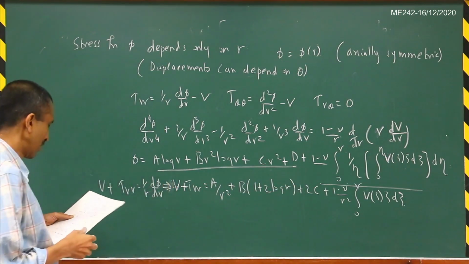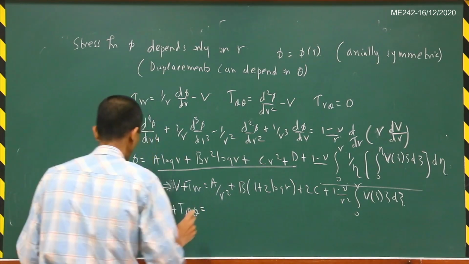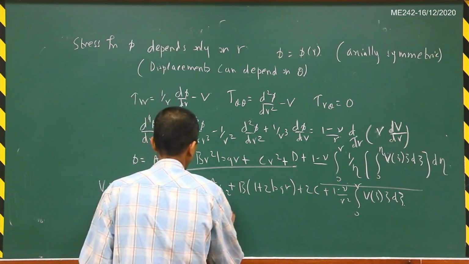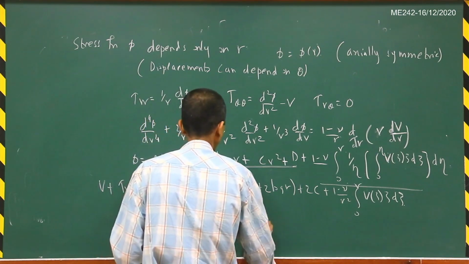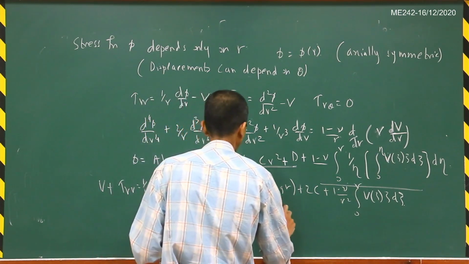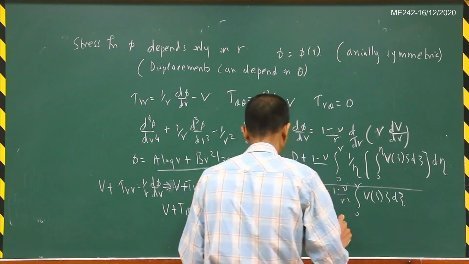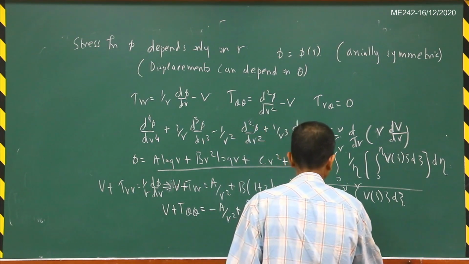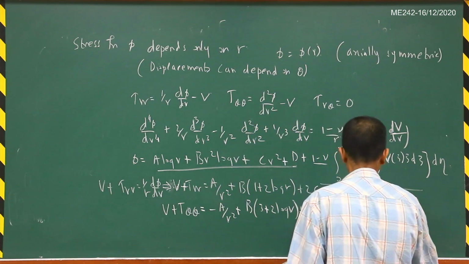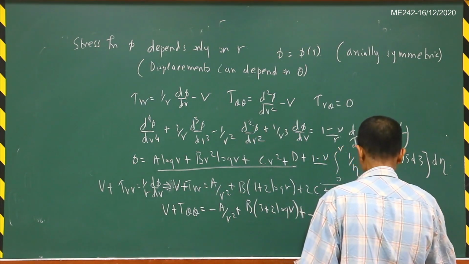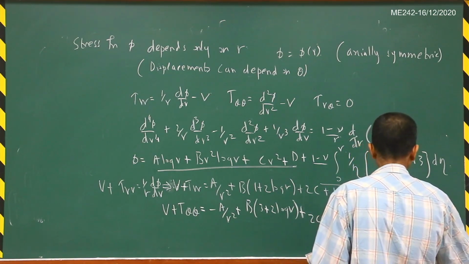Similarly, we get v plus tau theta theta is equal to minus A by r square plus B times 3 plus 2 log r plus 2c plus 1 minus mu times del by del r of 1 by r times the integral from 0 to r of v of xi times d xi.